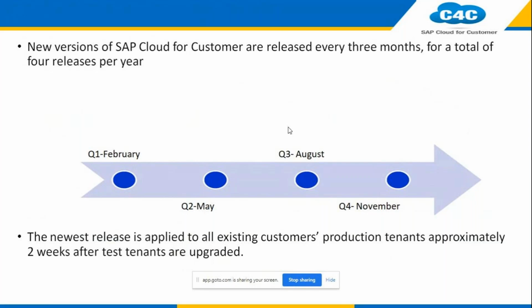Two weeks prior to the test tenant upgrade, SAP sends a notification to the client about what is going to get upgraded in the upgrade month, and what functionality they need to check after the upgrade. If the client has tested and there is no other impact, and no incident is raised to SAP within these 2 weeks, then after the upgrade of the test tenant, the production tenant gets upgraded after 2 weeks.